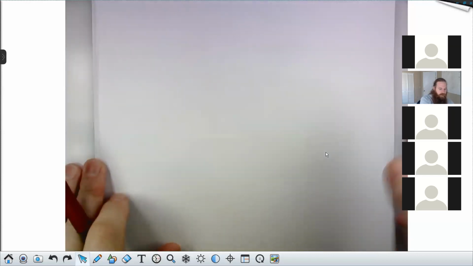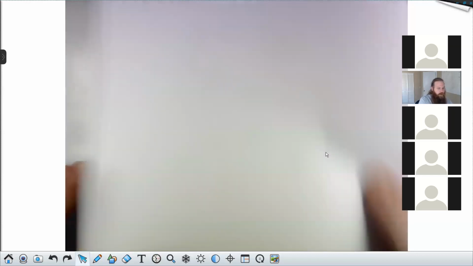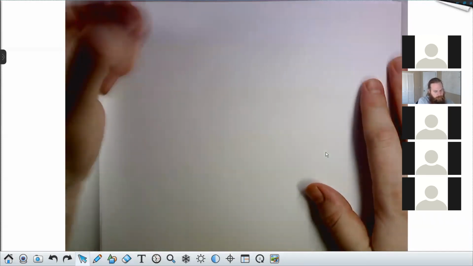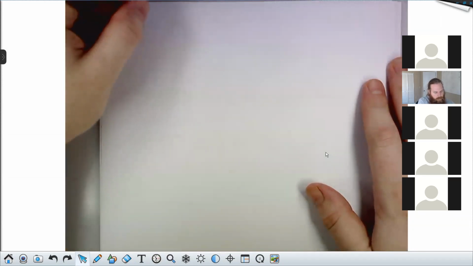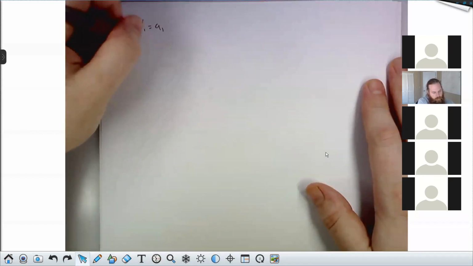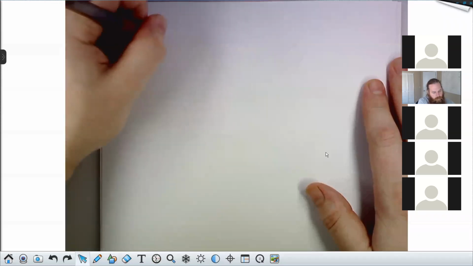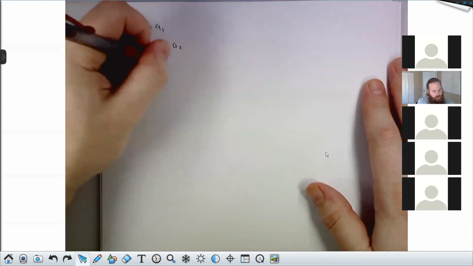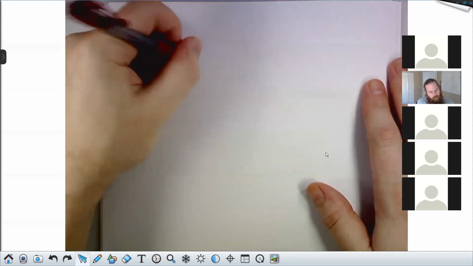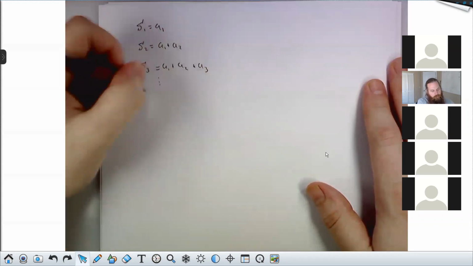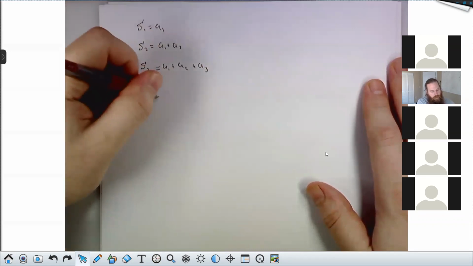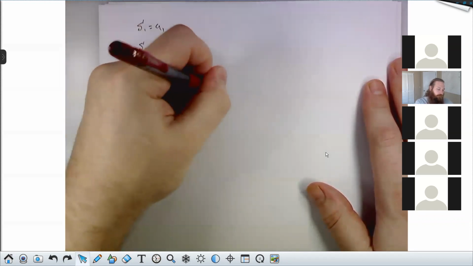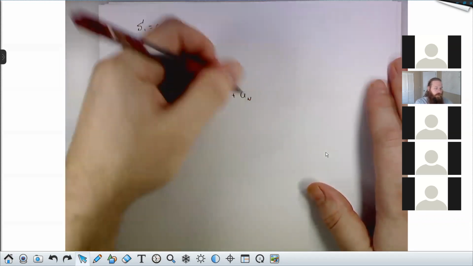The sequence Sn is not the same as the sequence An. Remember, S1 is A1, but S2 is A1 plus A2. S3 is A1 plus A2 plus A3, and so on. S capital N is A1 plus A2 plus A3 all the way out to AN.